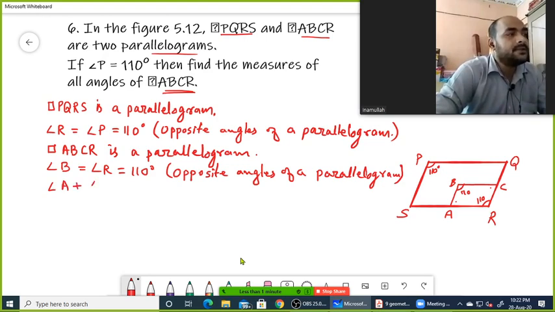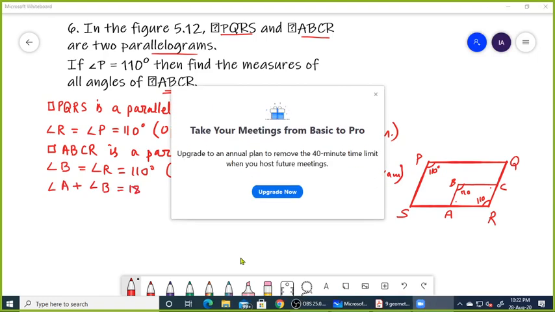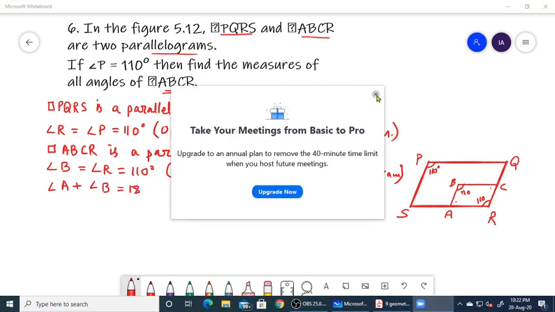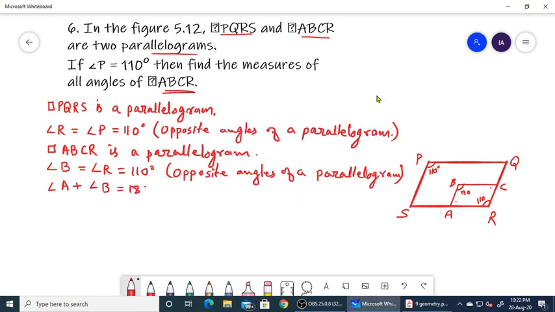I can say angle A plus angle B is 180 degrees, because angle A and B are adjacent angles of a parallelogram.